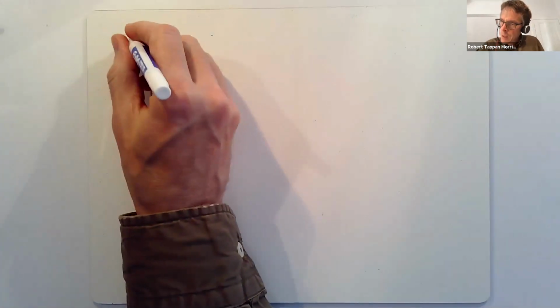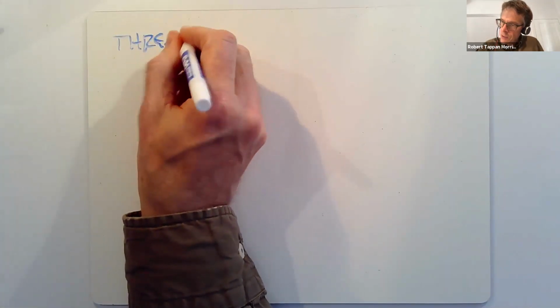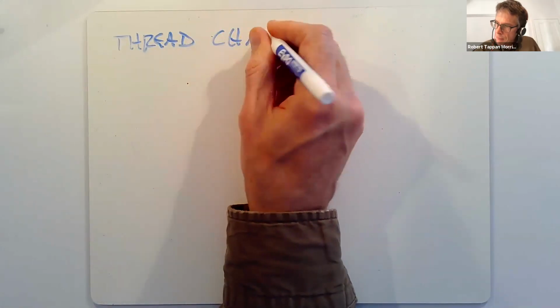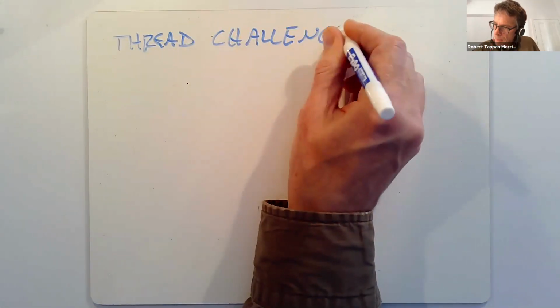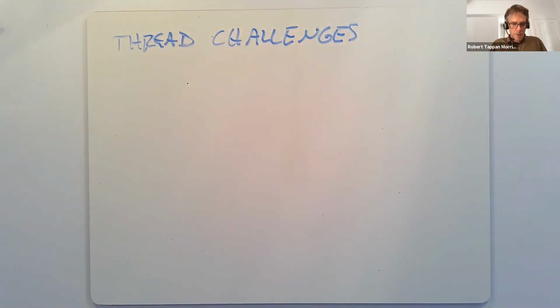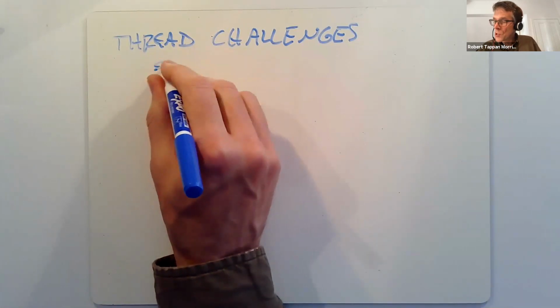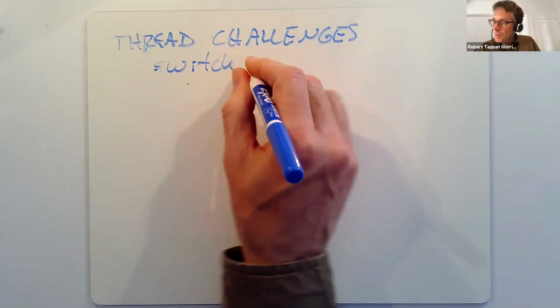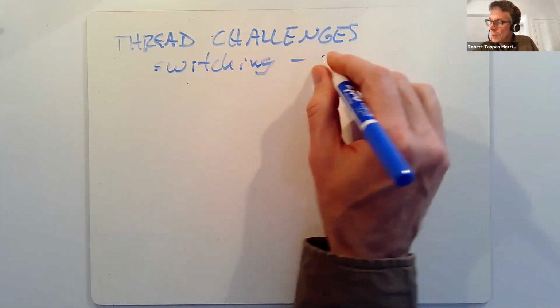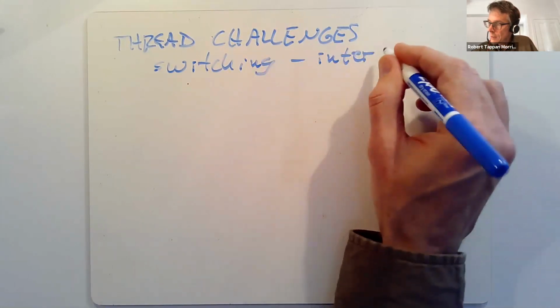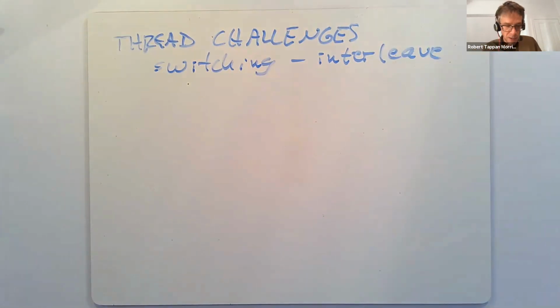Okay, there's a couple of challenges that we're going to have to bite off if we want to implement a threading system. These are just high-level challenges. One is, as I mentioned before, how to actually implement the switching that allows us to interleave the execution of multiple threads.